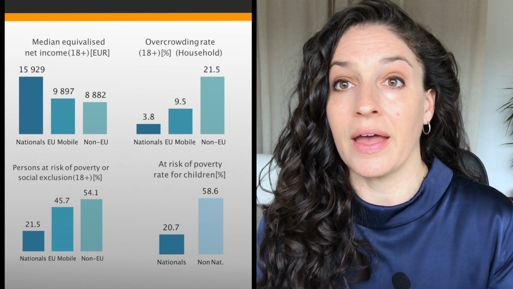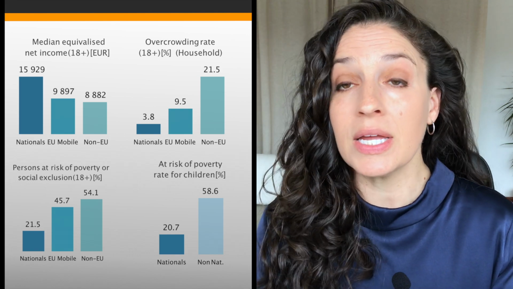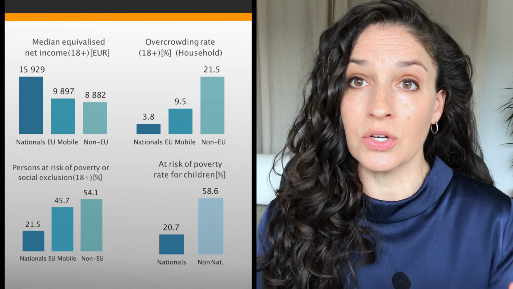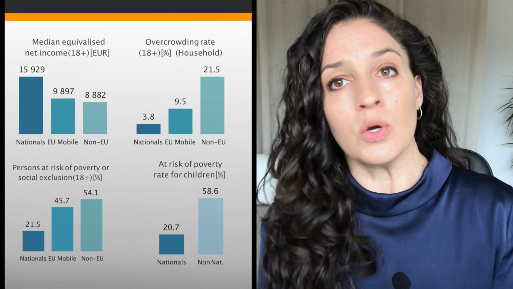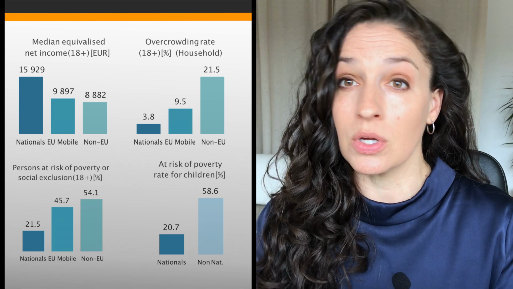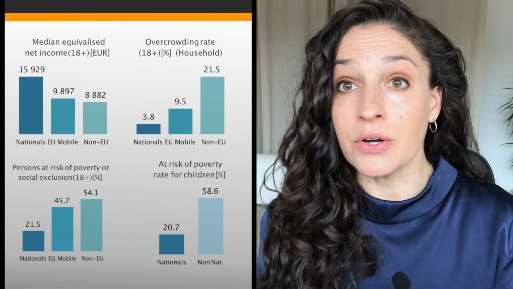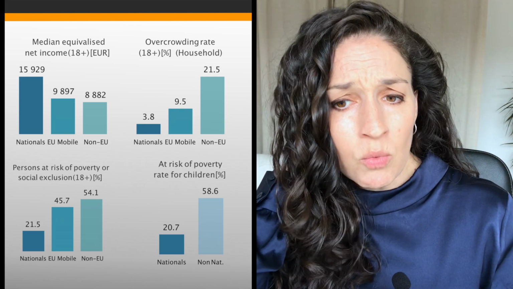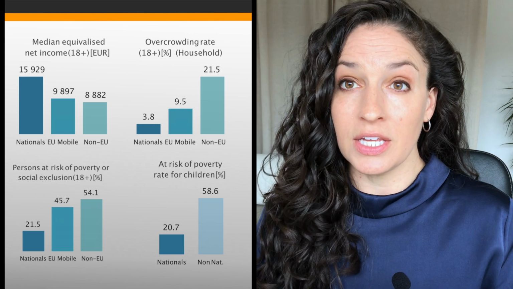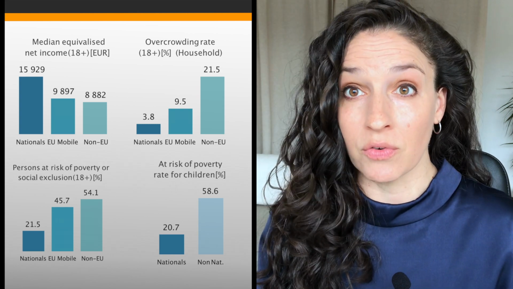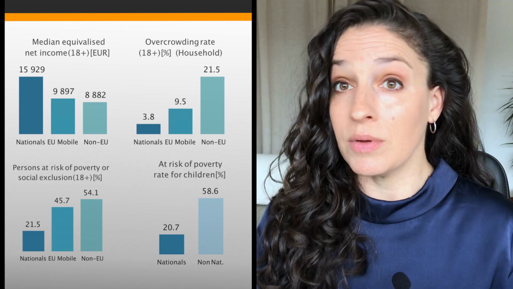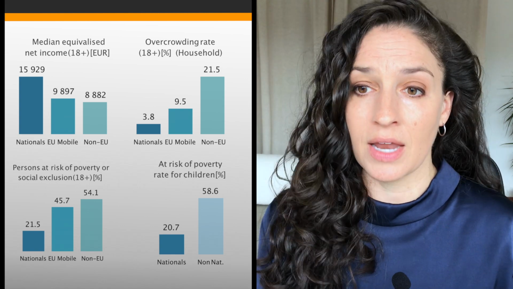If we look at rates of overcrowding in the household, so that's really looking at how many people are living within a household and in a certain square meter radius, what we see here is that non-EU immigrants have a much higher overcrowding rate than European immigrants and nationals.